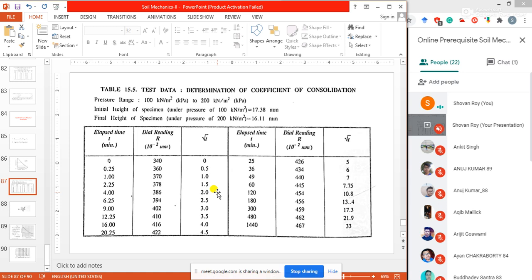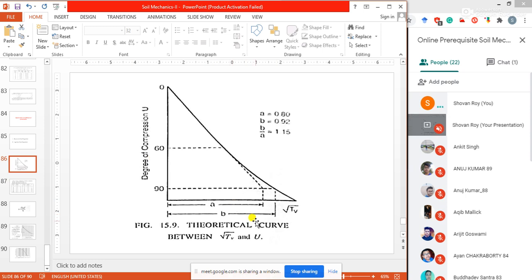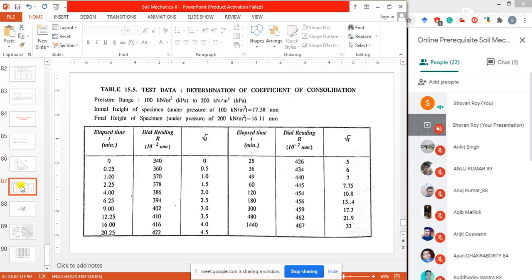You can also see the same values in this table to determine the coefficient of consolidation: 0, 0.25, 1, 2.25, 4, 6.25, 9, 12.25, 16, 20.25. Another column is root over t, because if the elapsed time is t, we need the actual root over t to find our coefficient of consolidation.